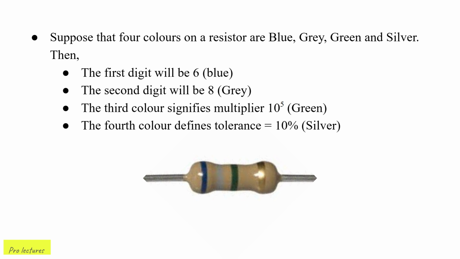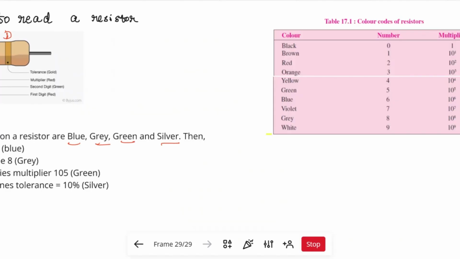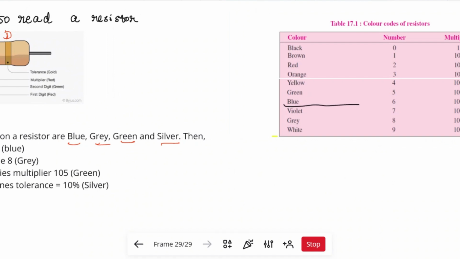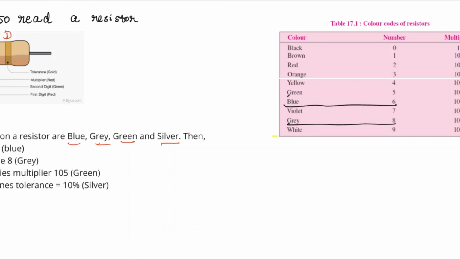Consider this resistor with four color bands: blue, grey, green and silver. From the table we see that for blue the color number is 6, for grey it is 8, for green it is 5, and for silver it is 10.